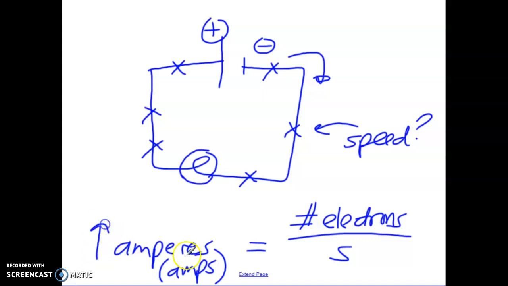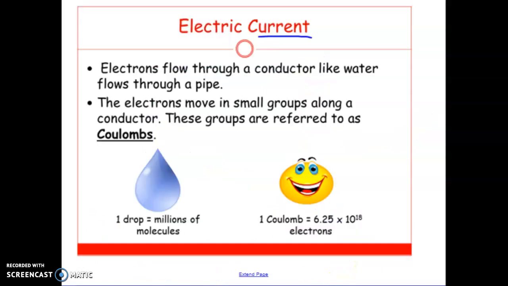So the higher the amps value, the more electrons that are passing by. So electrons are very, very small, okay, so they move in small little clusters. So actually what we call that is a coulomb. Don't worry so much, you don't need to know how much a coulomb is worth, but just know that 1 coulomb is like a packet of electrons.